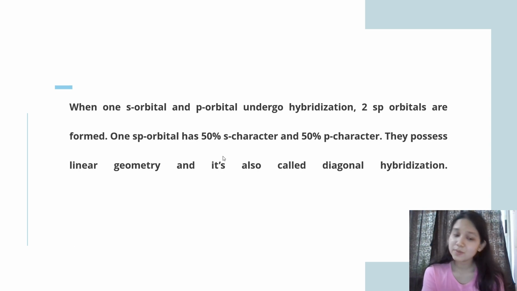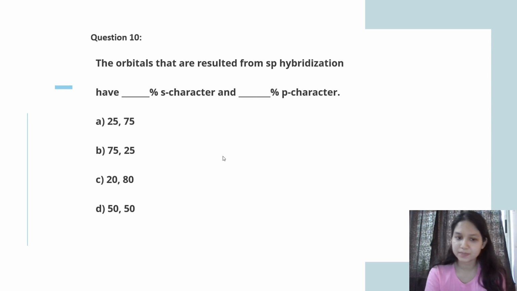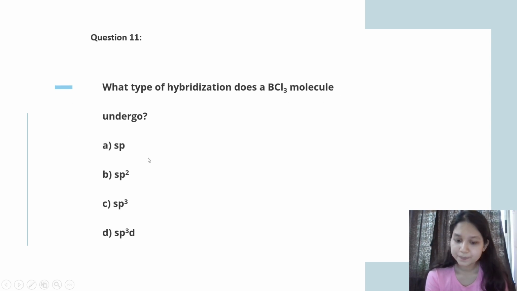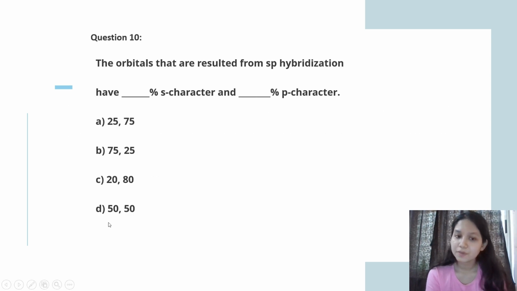One sp orbital will have 50% s, like you said, and 50% p character. And sp hybridization, I hope you know, possesses linear geometry, and it is also called diagonal hybridization. So the answer will be B, 50-50.